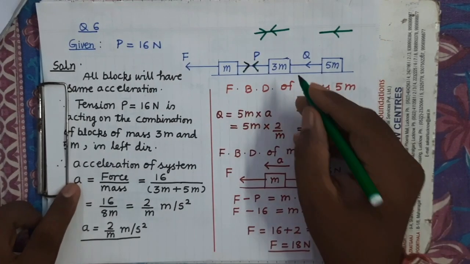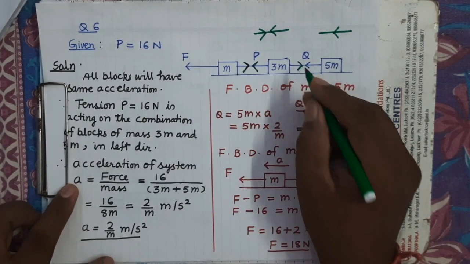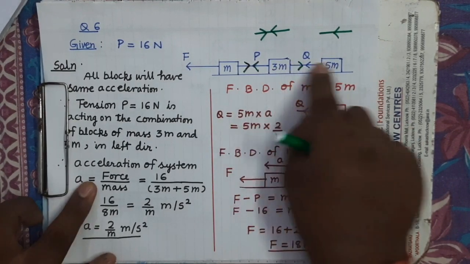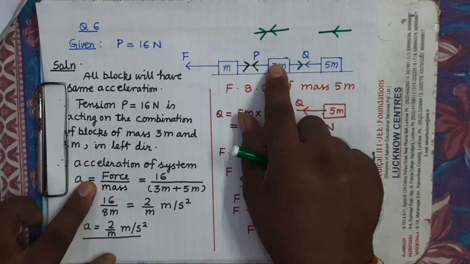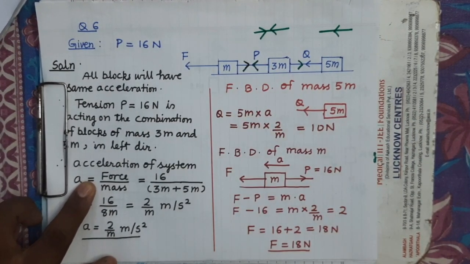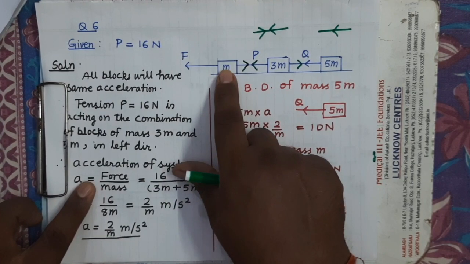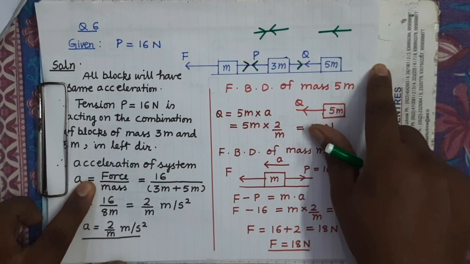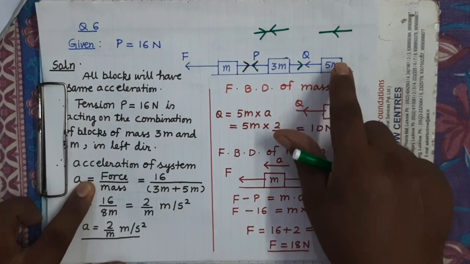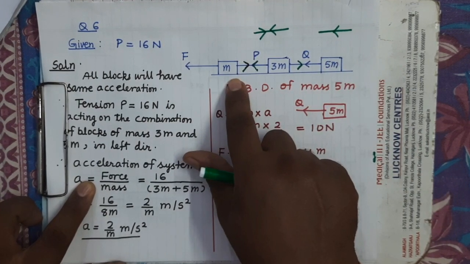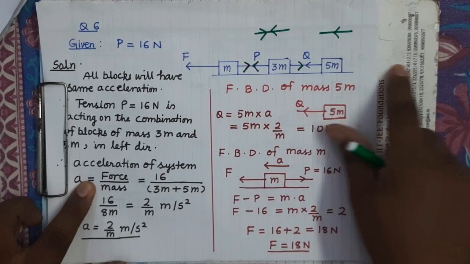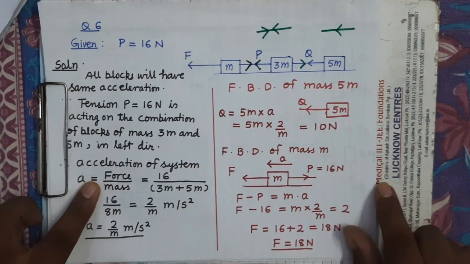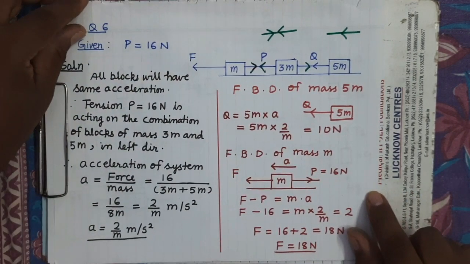So similarly here also the same thing will be. On 3M tension P is acting in this direction. But if you see on M, P is acting towards right. It's clear. On 5M Q is acting towards left, while on 3M Q is acting towards right. So this you have to remember.